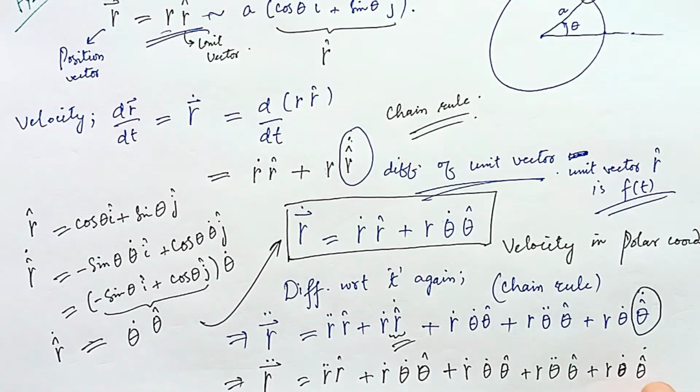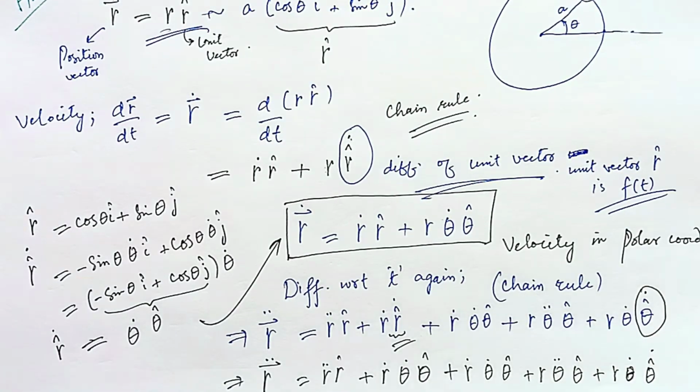Now there is a problem again: we are differentiating a unit vector with respect to time, so we have to convert this into another form.